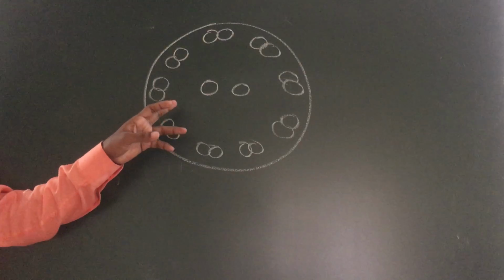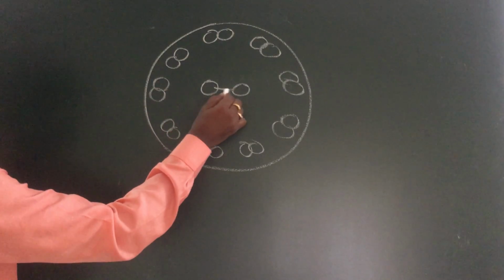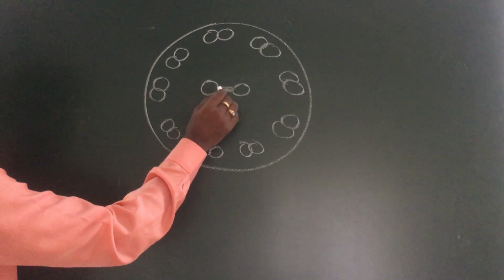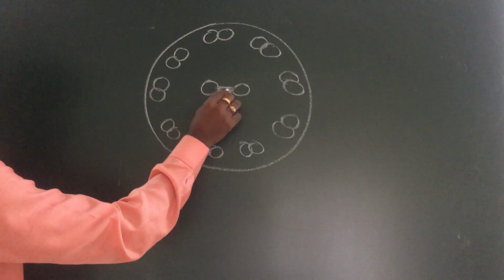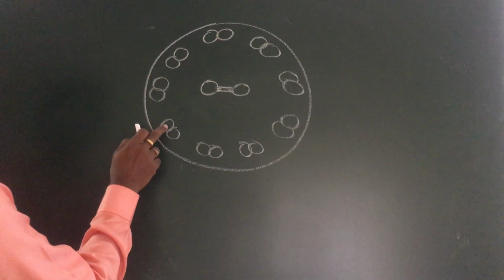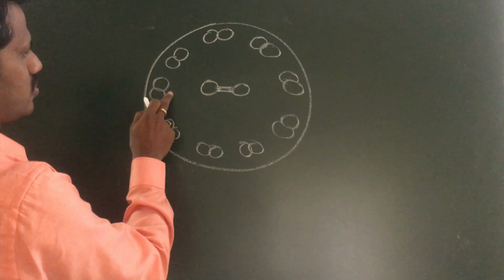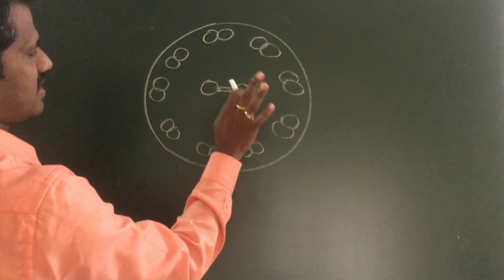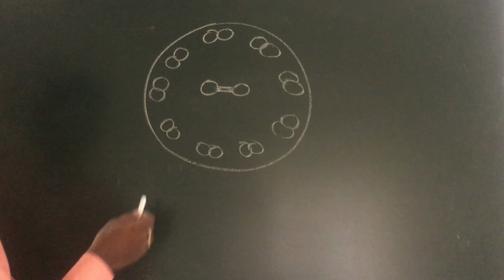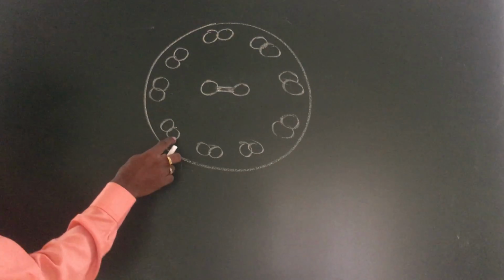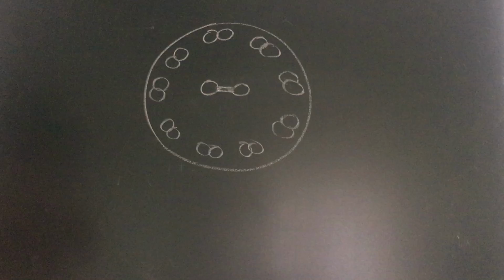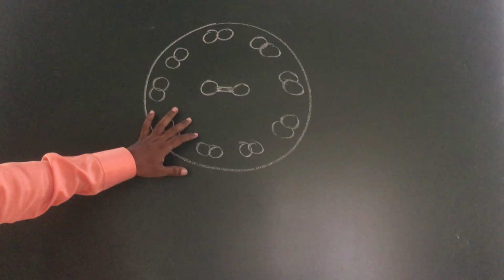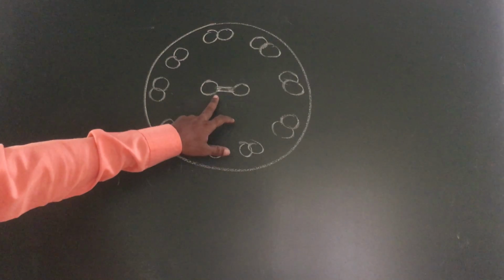So that 9+2 array arrangement, let us see how it is. If you take this, totally there are 9 pairs: 1, 2, 3, 4, 5, 6, 7, 8, 9. So the peripheral microtubules are 9 pairs, and in the center 2 are there.